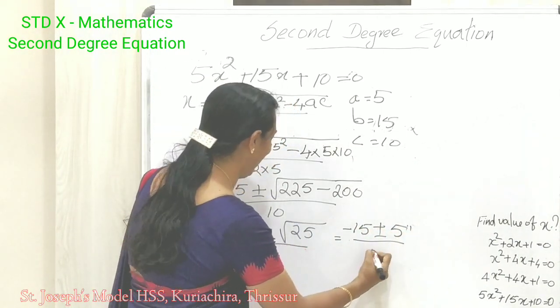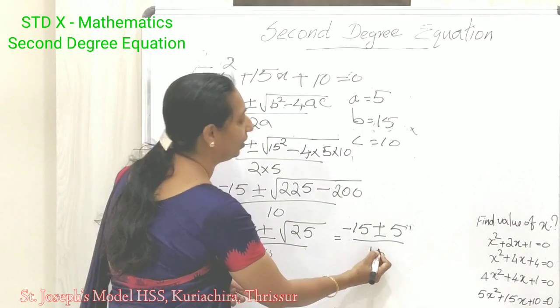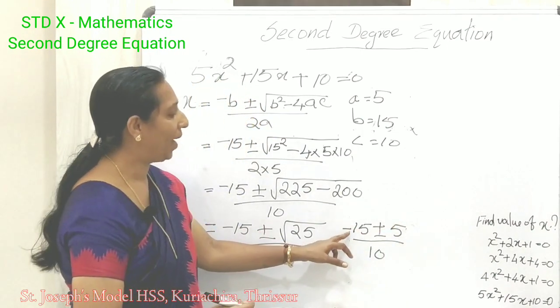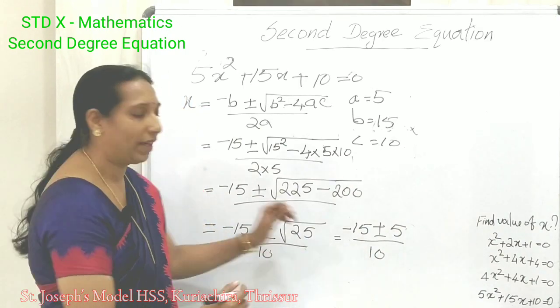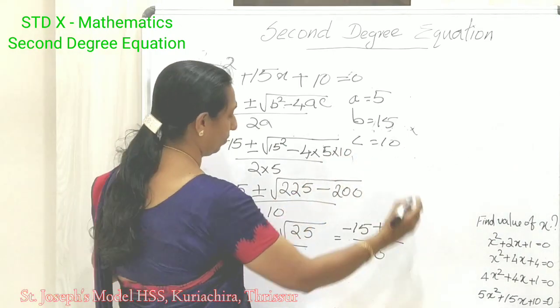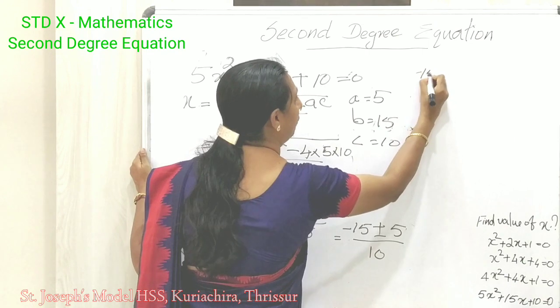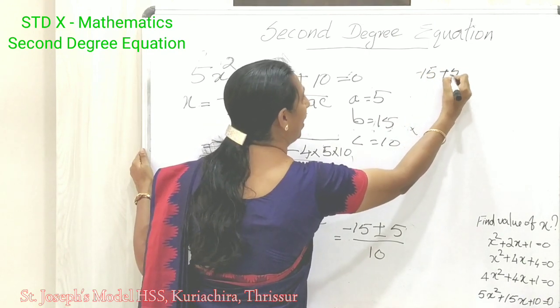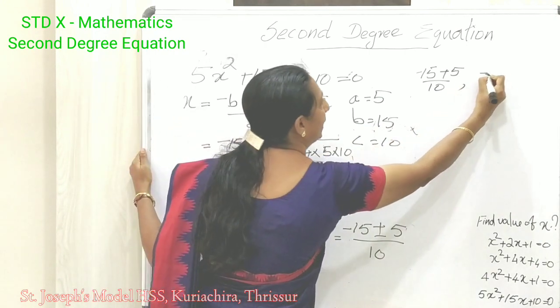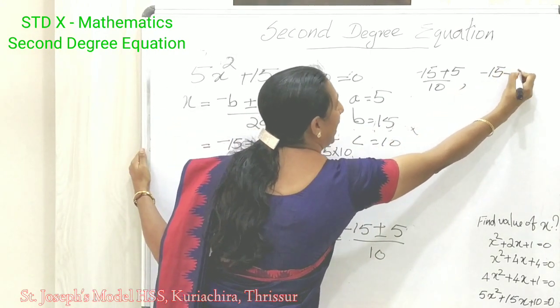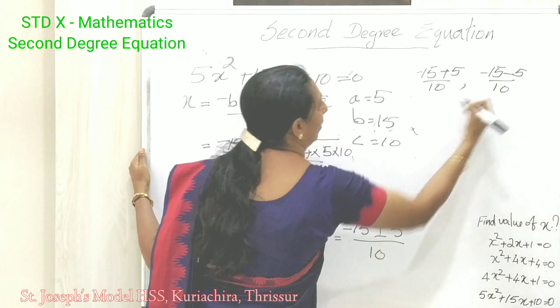All divided by 10. Here, two values are there. Minus 15 plus or minus 5 divided by 10. We write that minus 15 plus 5 by 10. This is the first value. And minus 15 minus 5 by 10.